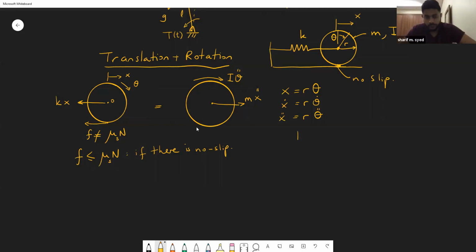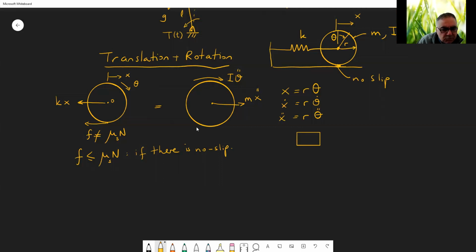The translational equivalent of no slip is as follows. There is the friction force. Let's say you have a translational thing with mass M and you push it with a force F, and the friction force is f.